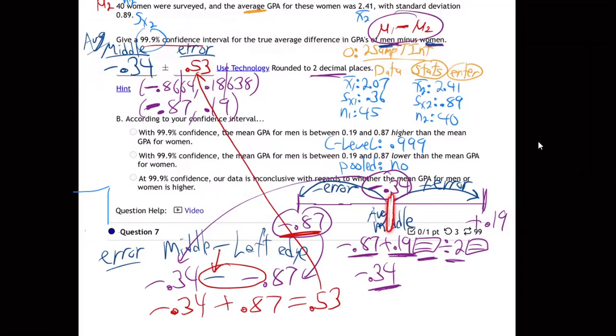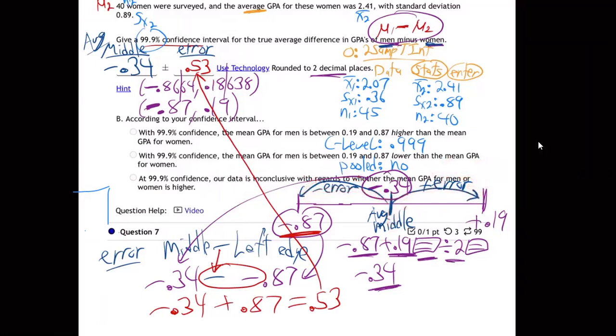We know there could be an error in our estimate. This is what they always do when they give confidence intervals. They give the middle, and then they give or take an error amount. So we're 99.9% confident that the middle is negative 0.34, give or take 0.53.